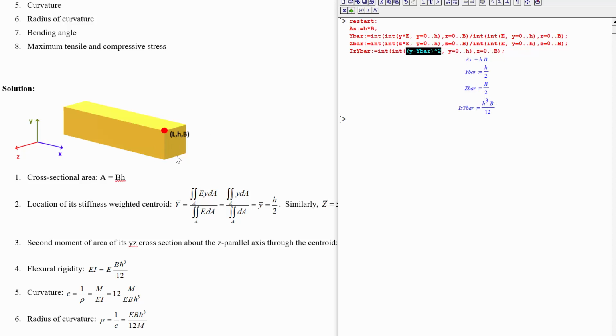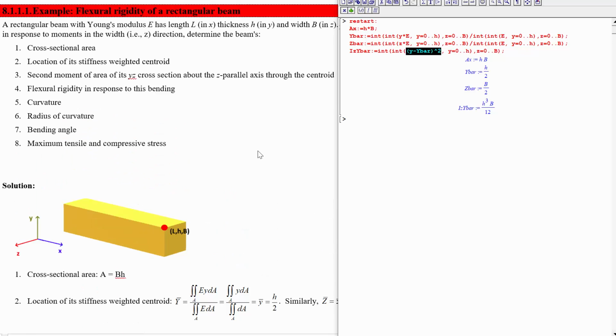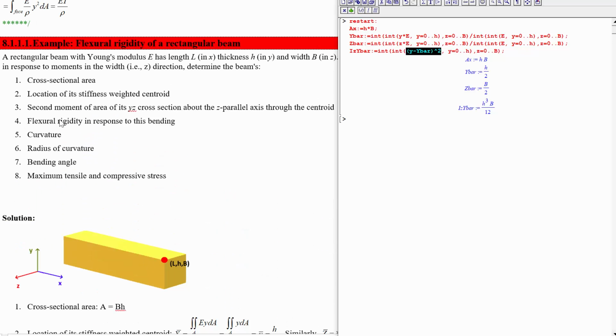So the width matters, but the thickness matters 3 times as much. So it gets 3 factors in this multiplication compared to the width's only 1 factor. So after that, we're going to figure out the flexural rigidity.